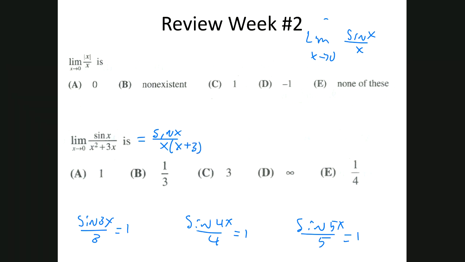Isn't x squared plus 3x the same thing as x times x plus 3? Well, guess what? This basically crosses off. It's 1. So all I have left now is 1 over x plus 3. When I plug in 0, I get 1/3. Cool problem. Love that type. Okay. Any questions on that one?